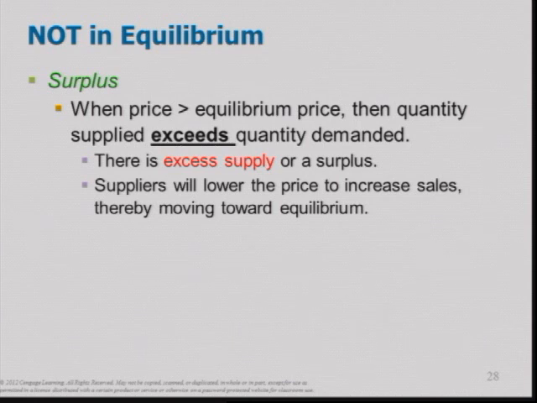Again, that seemed really obvious when we were looking at right where they cross. But now we're looking at instances where that doesn't happen. So that will lead to a surplus. If quantity supplied, that makes sense, right? So the amount that sellers are willing and able to supply at that price is greater than what consumers want to buy, then we're going to have some stuff left over.